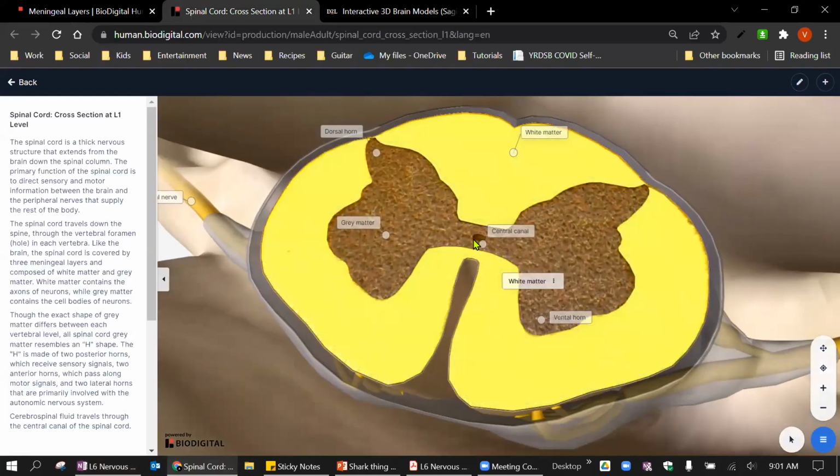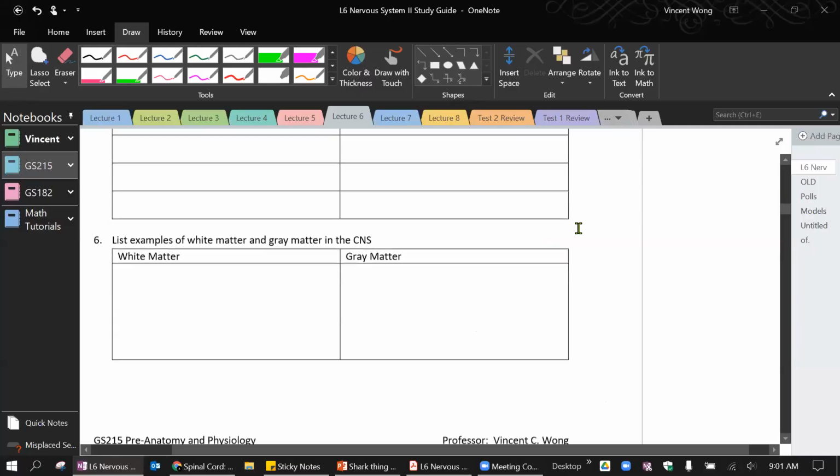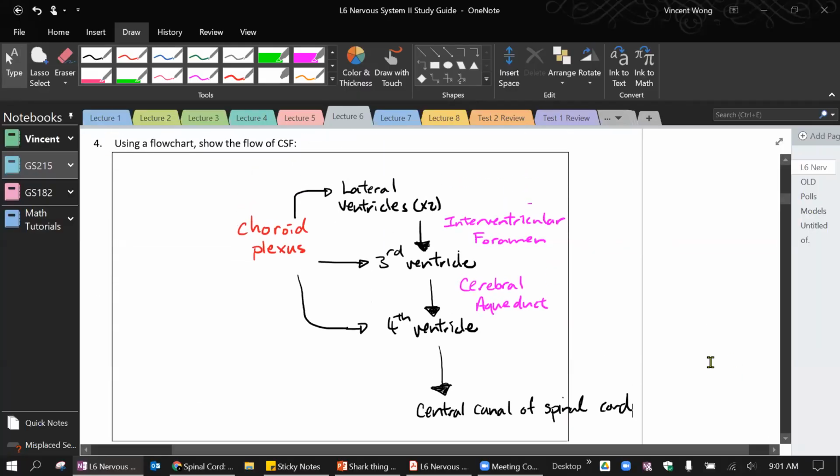In the middle of the spinal cord, there's a hole here. That is called the central canal. Okay. This will be filled with CSF. Okay. Now, some of it is also going to go to the subarachnoid space.